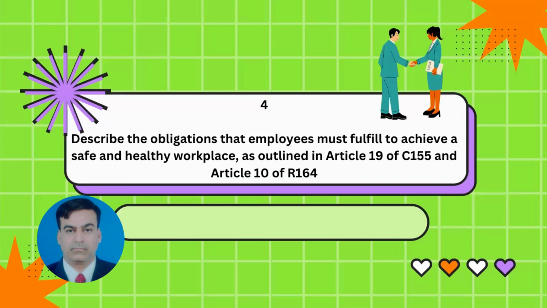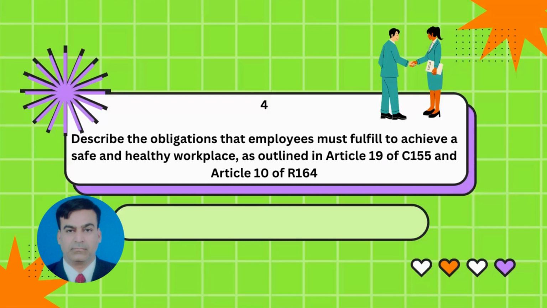R164 has more detail on the general duty outlined in Article 19 of C155. Specifically, R164 expands on the responsibilities and obligations of the workers in fulfilling their safety obligations. Here are the details provided in R164. The workers should take reasonable care of their own safety and the safety of others who might be affected by their actions or inactions.